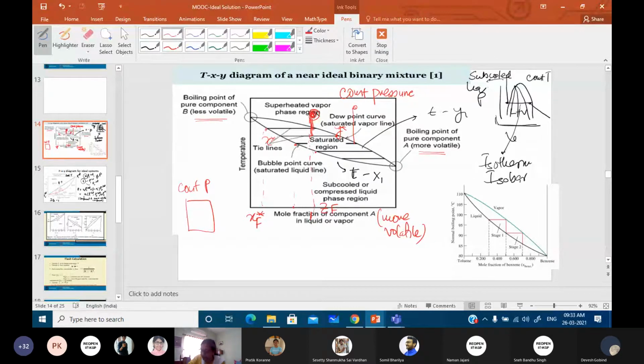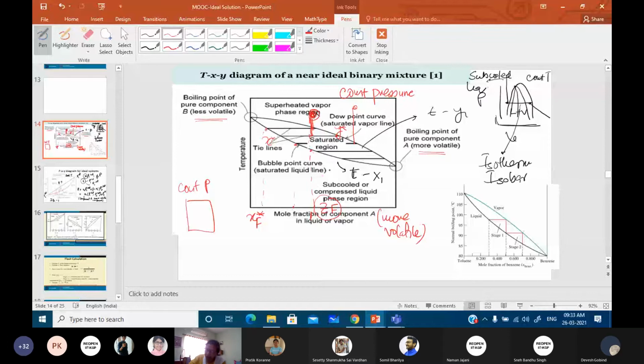This keeps on continuing till we touch the saturated liquid region, and after that the entire thing has become liquid. The composition is given by ZF. And then if we continue the cooling, we enter the subcooled liquid region with no change in composition.